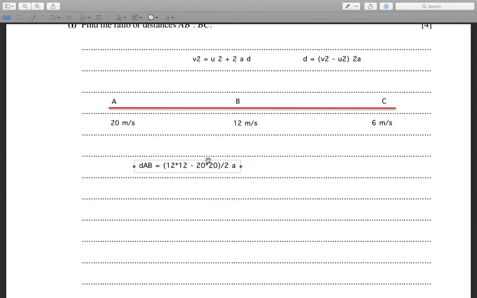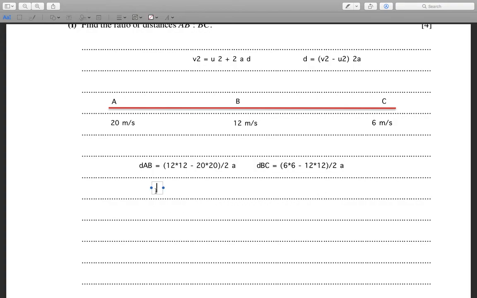And what about DBC? DBC is 6 squared minus 12 squared, divided by 2a.